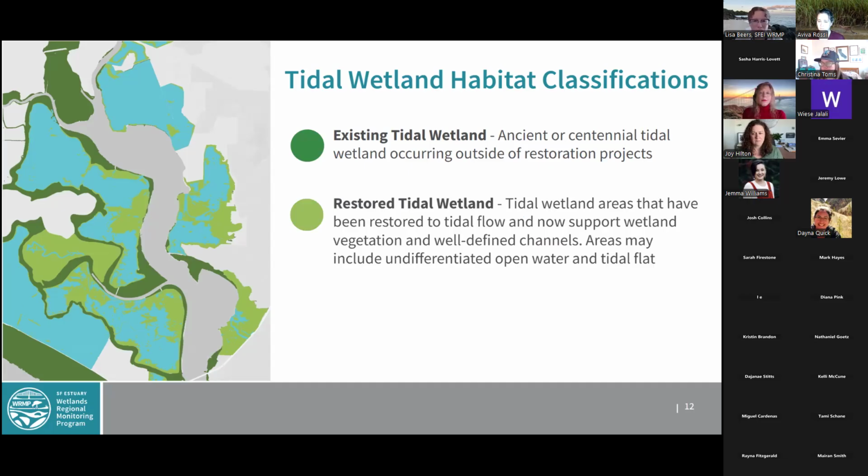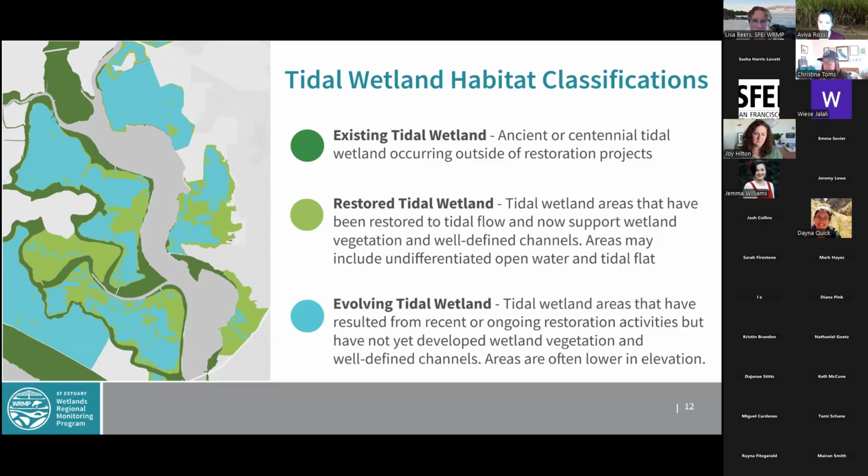They have well-defined channels and vegetation, and there still may be some areas that are accreting in elevation or accreting sediment to eventually be vegetated. And then we have a third class called evolving tidal wetlands. These are our restored sites that are newly restored, or those that are older but are lower in elevation, and they've not quite reached tidal elevations where vegetation can occur.